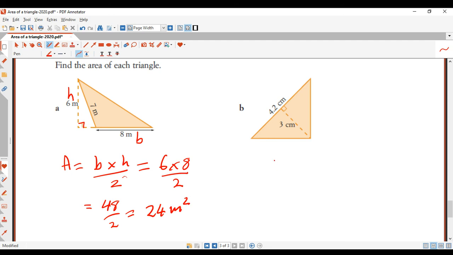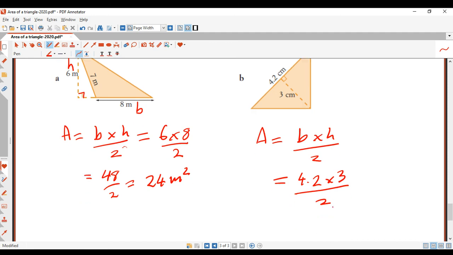Okay. We'll try the second one. I'd use the same formula, base times height divided by 2. Now the base here is 4.2. The height is 3. Divide that by 2.